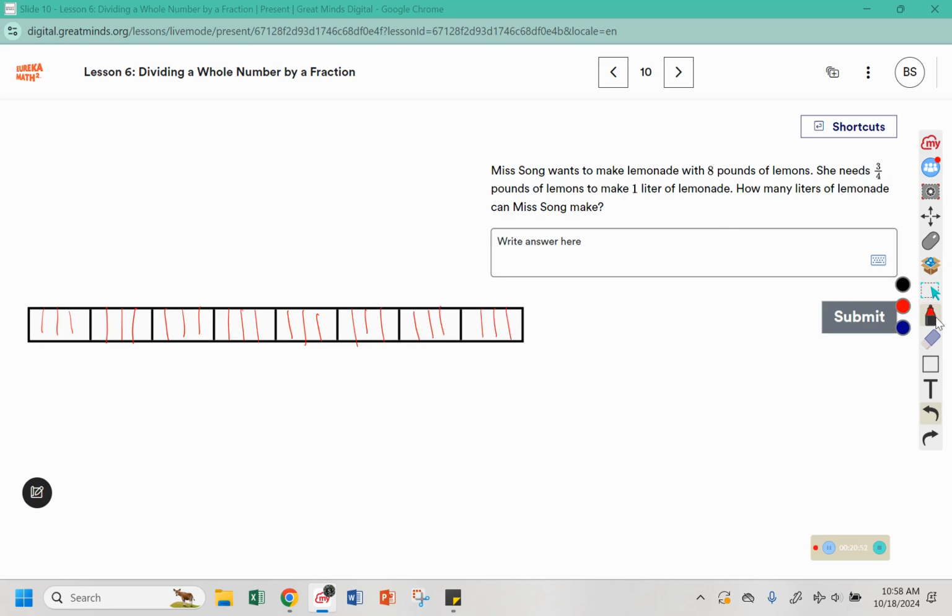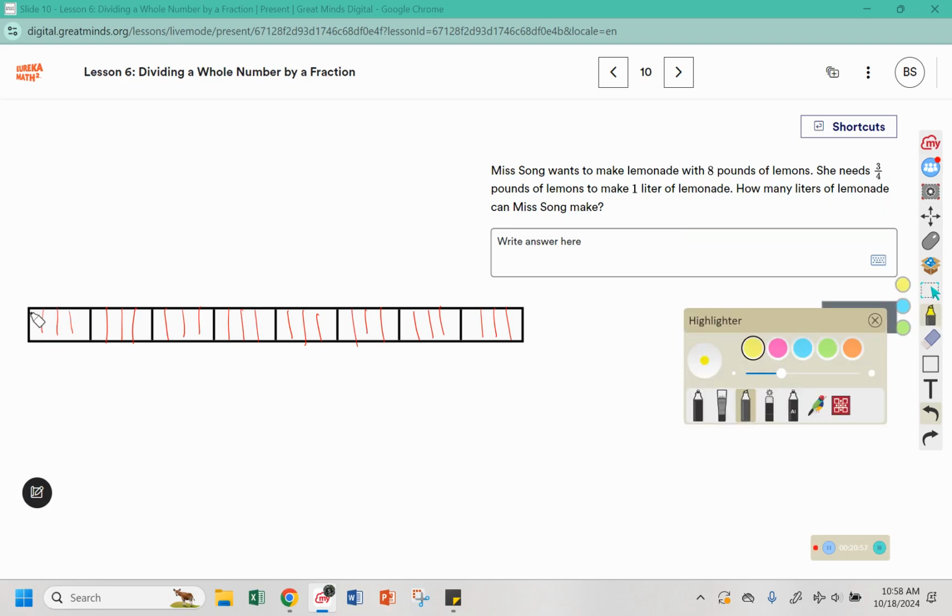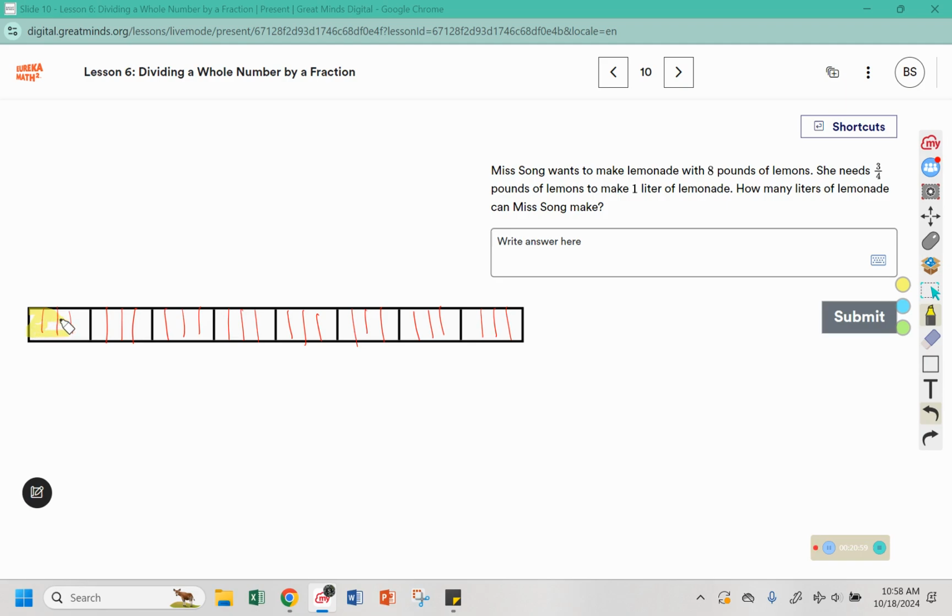Okay, and we're filling in sections that are 3/4. So we're filling in sections of 3. There's one section. Here's a second section. A third section. A fourth section. A fifth section. A sixth section.